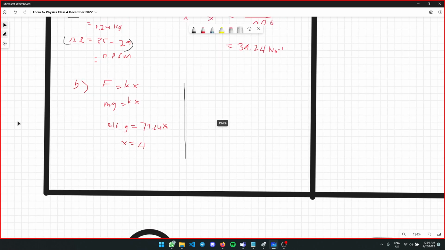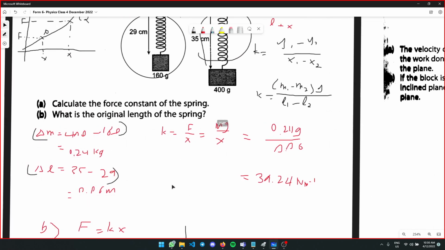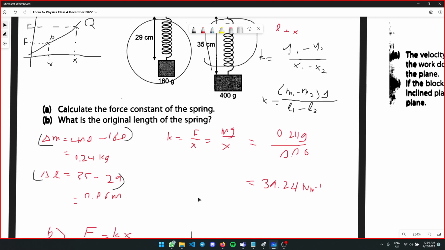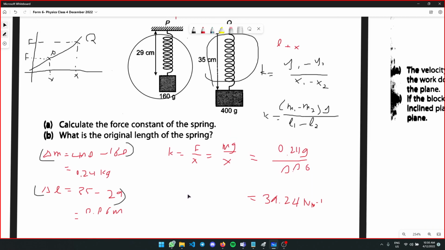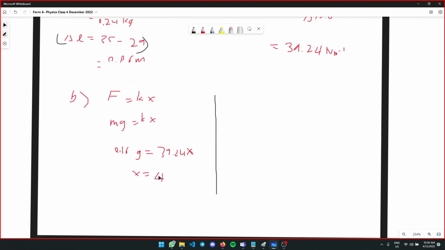For this question, k equals to f over x. The m, are we taking from delta m? Yes. 0.424 g. Then we can find the x, and then we just minus k is the same thing.